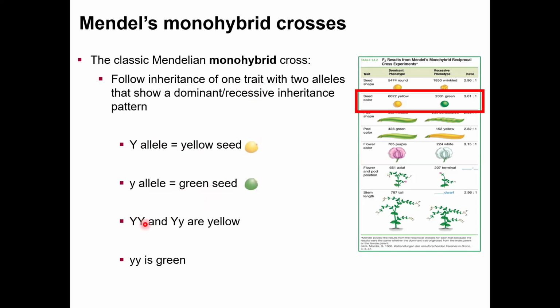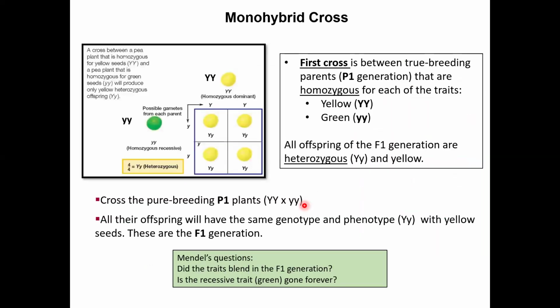So these two genotypes are yellow, this one is green, and it's dominant with the yellow, recessive with the green. Now, the first cross he did was between two pure true breeding plants.